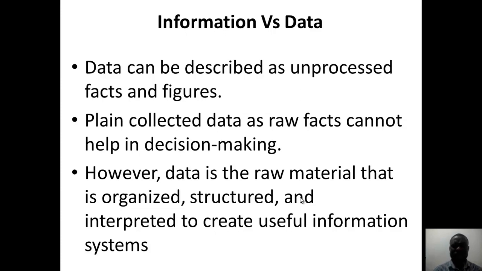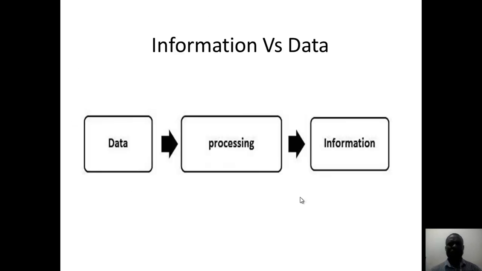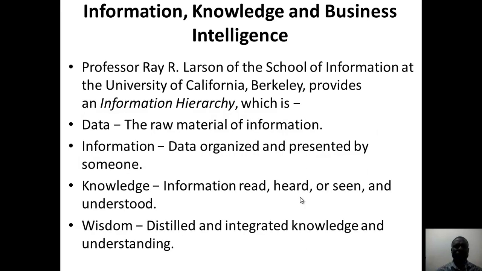So data is the raw material that is organized, structured, and interpreted to create useful information. Now, let's look at this. When you have raw data, it goes through processing to become information. This is something we know from even our first year. Now, information, knowledge, and business intelligence.